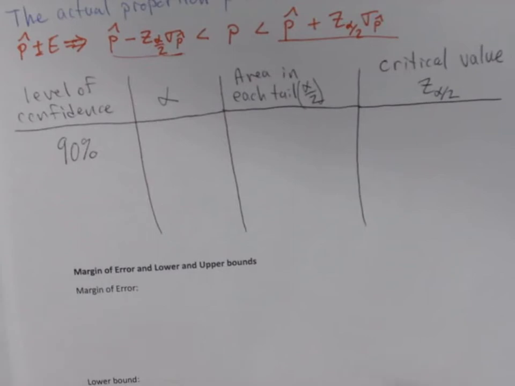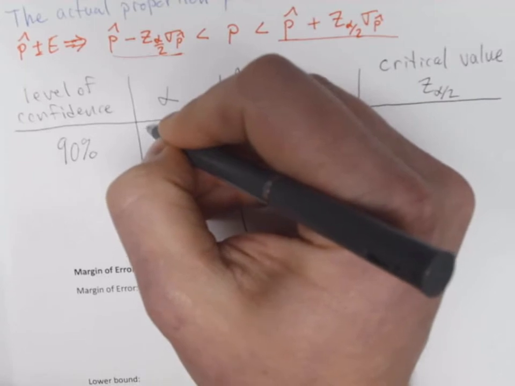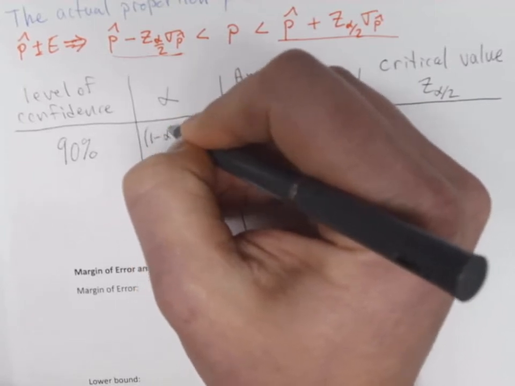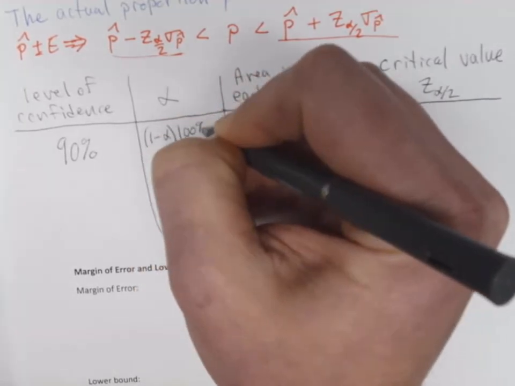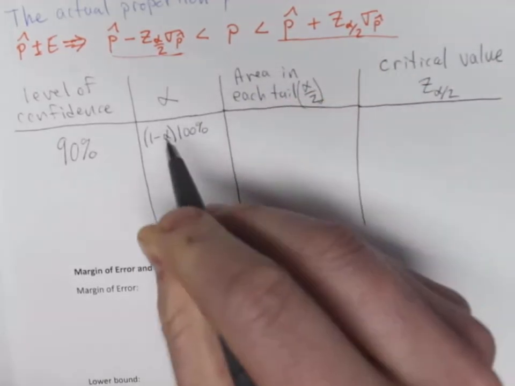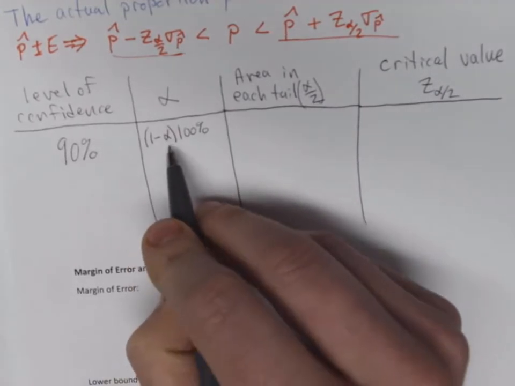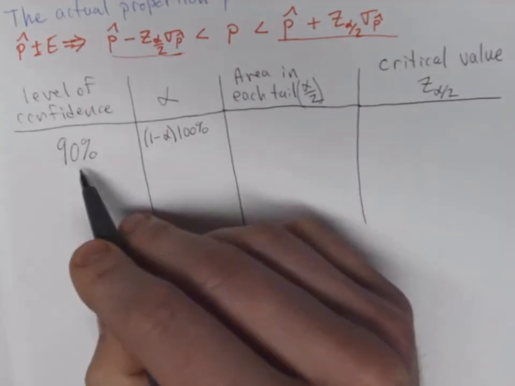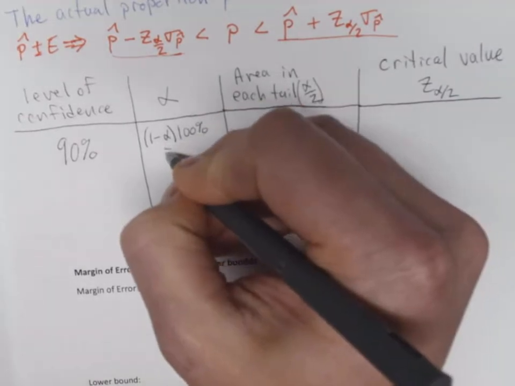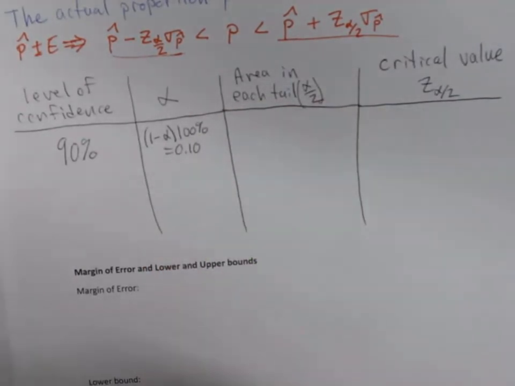You have to go back and remember we used the formula 1 minus alpha times 100%. That's not the answer. I'm just showing you the formula one time here. So what value of alpha do I need to plug in here so that I get 90%? That means this is equal to 0.1. So alpha is 0.1 there.